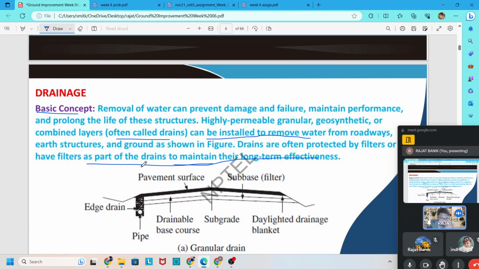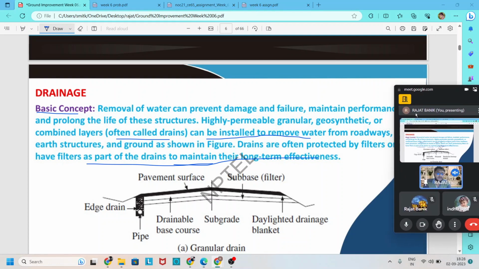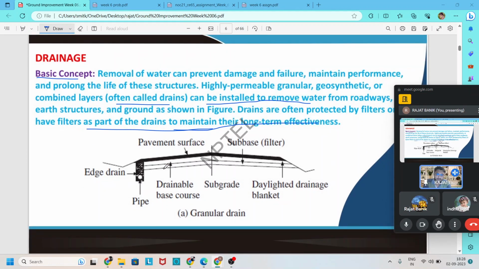So the main purpose of drainage is removal of water by some arrangement, and here it uses some granular material, like gravel, or some geosynthetic material, or both of them. First, one picture is given as a granular drain.